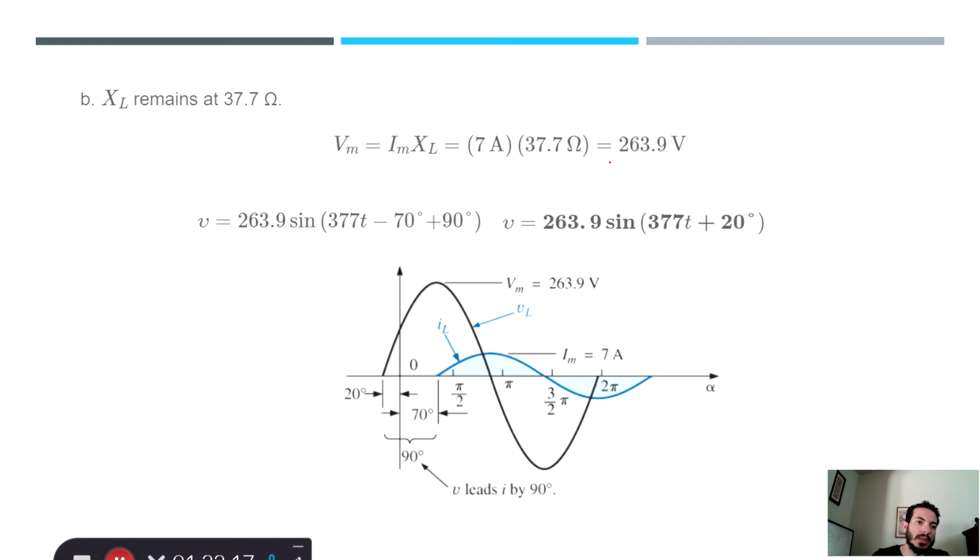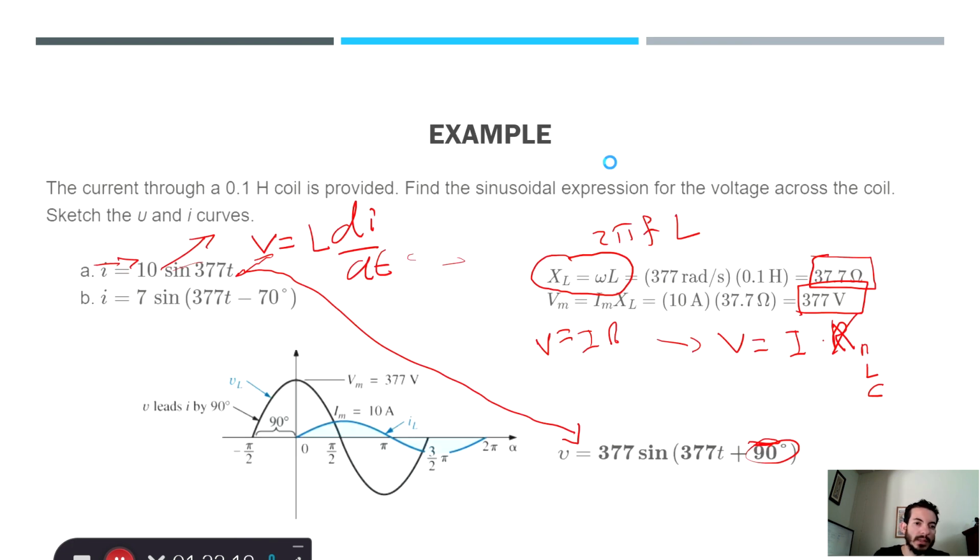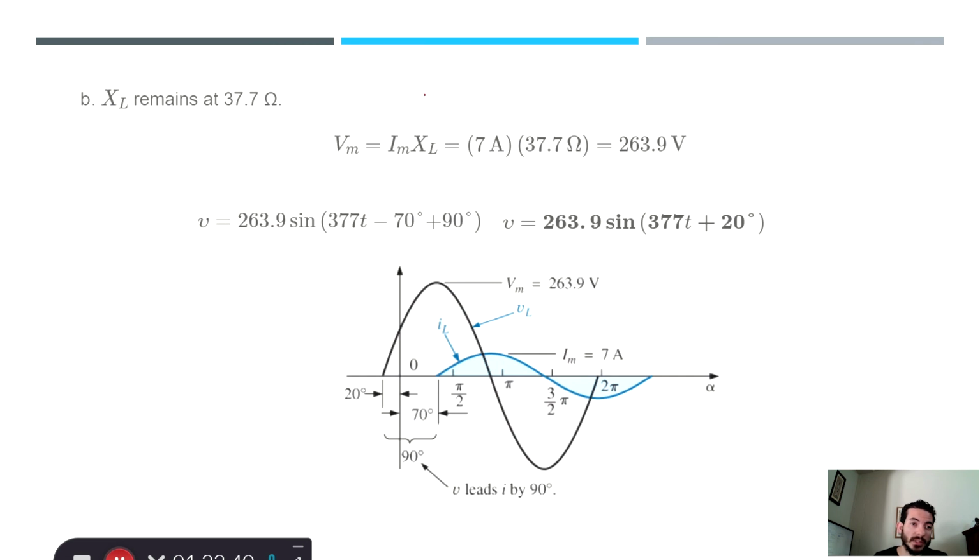Now for case B, they're asking the same thing. They want us to find V and I, but there's an offset, and in this case an inductor does change the offset of the input wave. It's not like a resistor, which does not change the offset. So let's do the same thing.